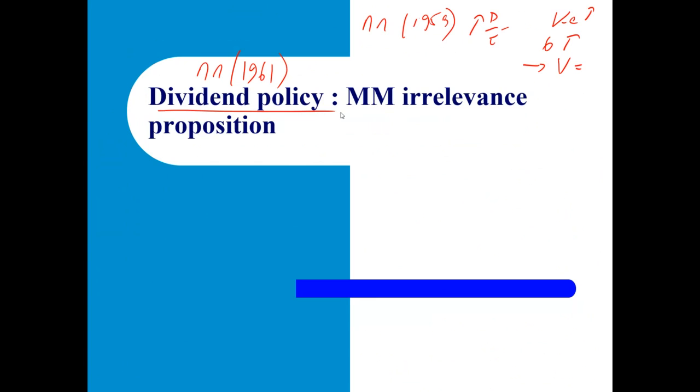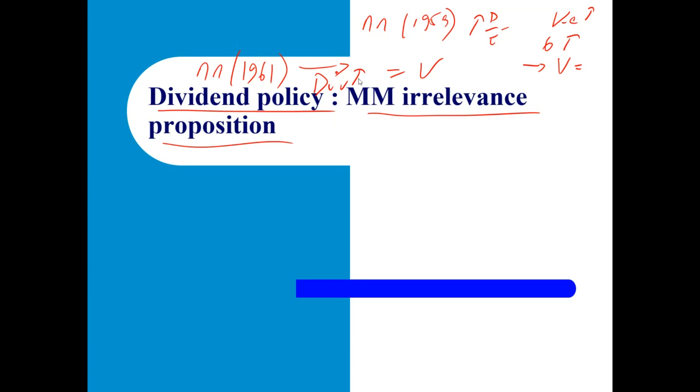What they show again here is that you can increase dividends, but what you give away in the form of dividends is lost at the level of the stock, so you cannot create value. It is an irrelevance proposition, meaning there is no increase in value. If you increase the level of dividend, it cannot increase the value of the firm, and it cannot increase the stock price.